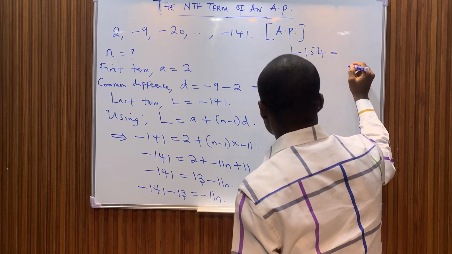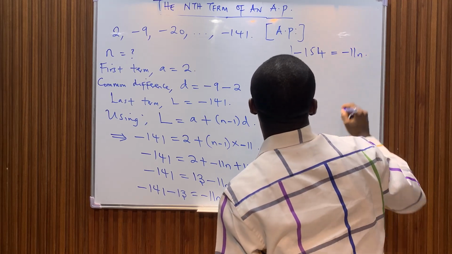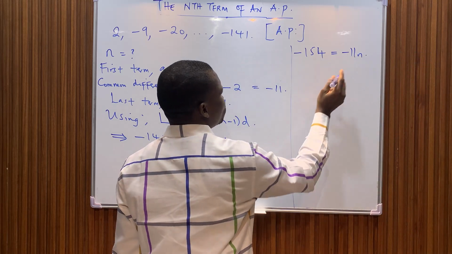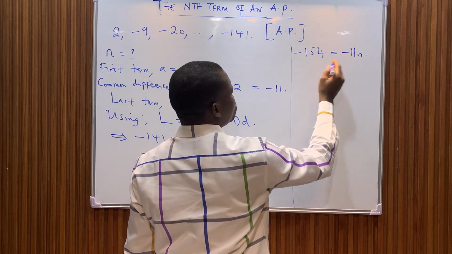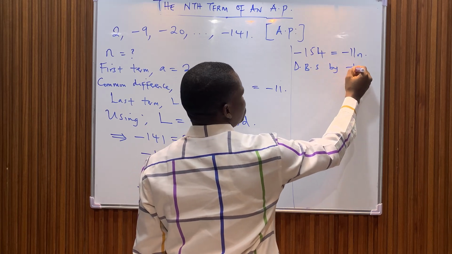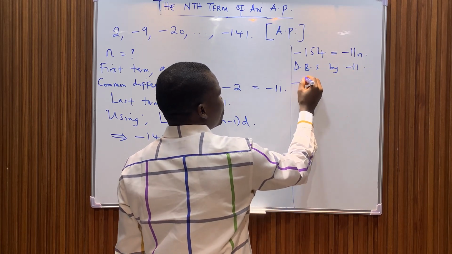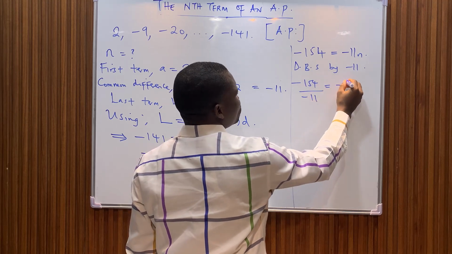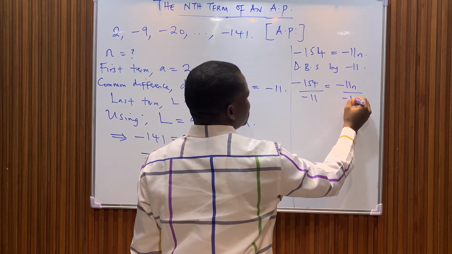So minus 154 equals minus 11n. Remember, we're looking for n. So we can now divide both sides by minus 11, because 11 is standing with n. So I'll have minus 154 over minus 11 equals minus 11n over minus 11.